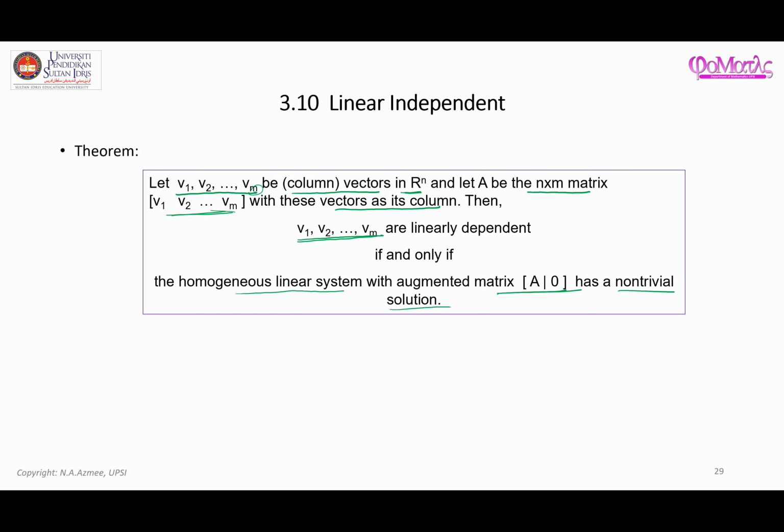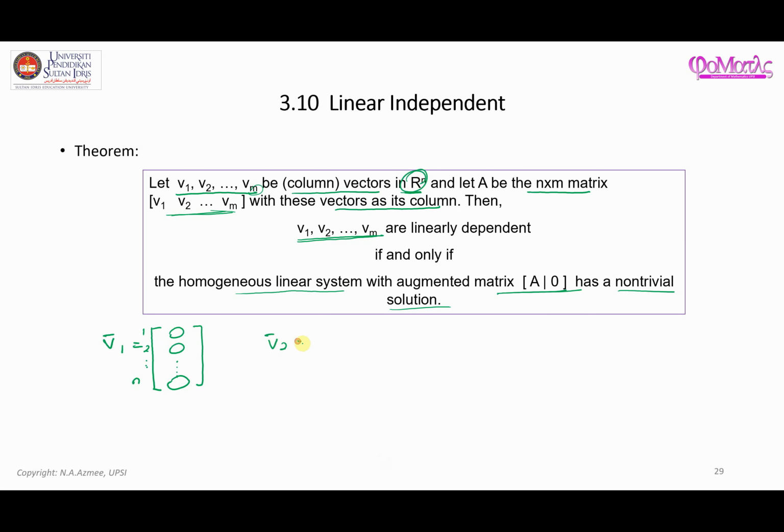Well, what the whole sentence means is that imagine you have vector 1, which can be written as a column vector. That means there is the first component, second component, and up to the nth component, because here the dimension is n, okay?